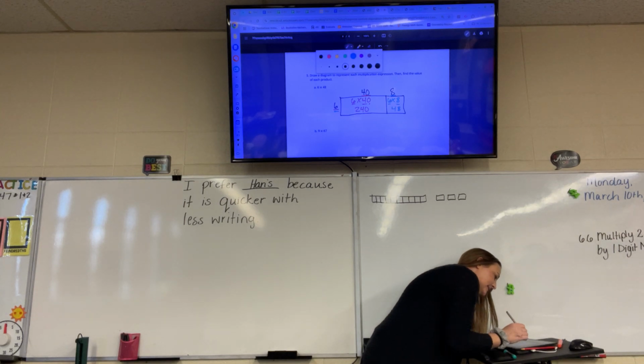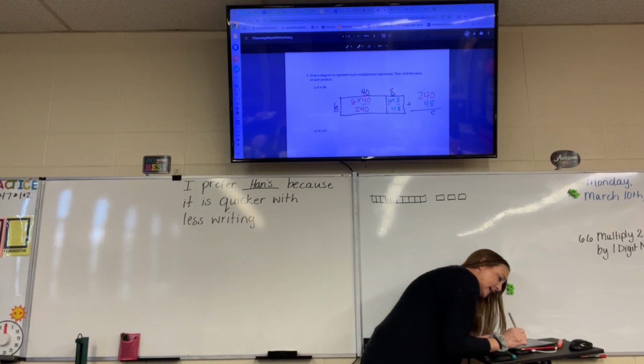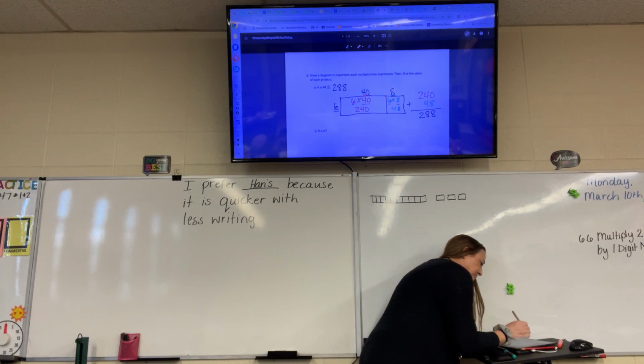My last step is to stack those 2 numbers up and add them together. So 0 plus 8 is 8, 4 plus 4 is 8, 2 plus nothing is 2. So 6 times 48 equals 288.